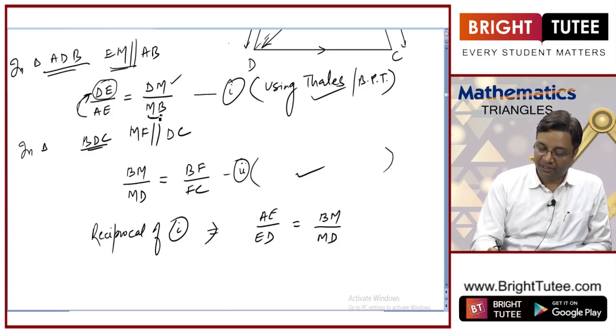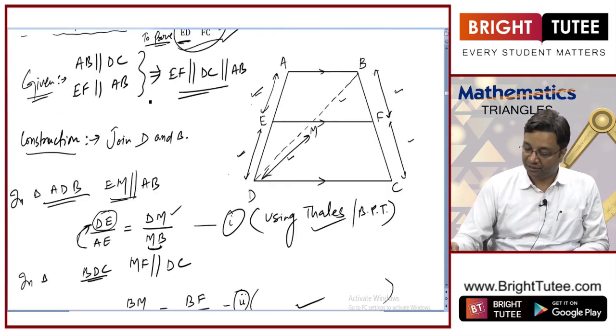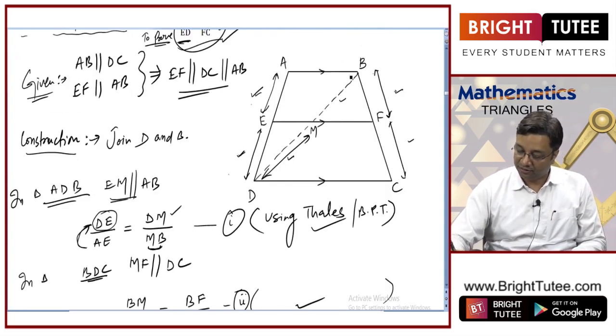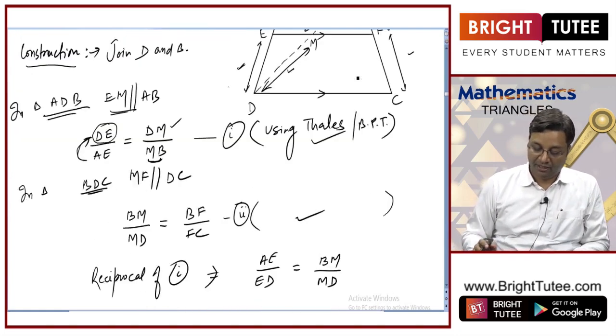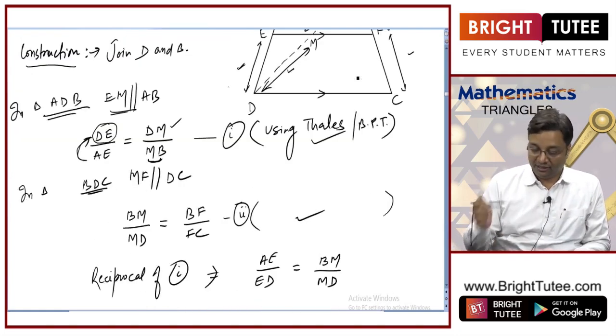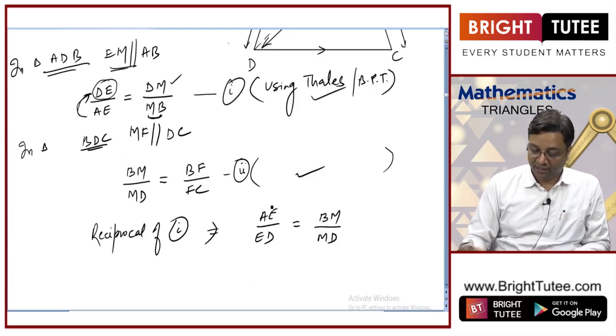MB or BM, it is one and the same length. You call this length BM or MB, it is the same. So I will use these interchangeably, right? Here I have written MB and here I have written BM. So it is one and the same thing.